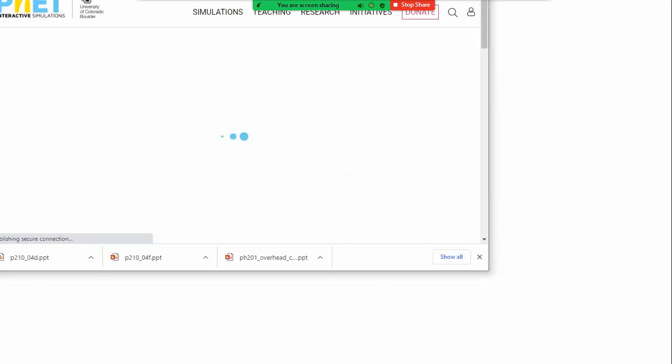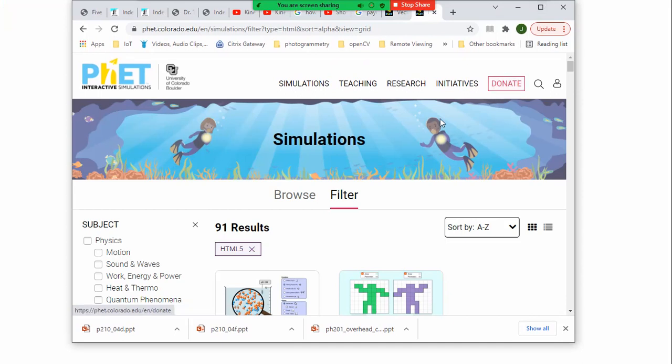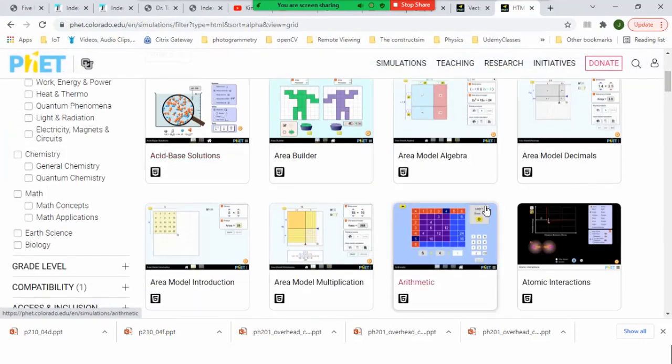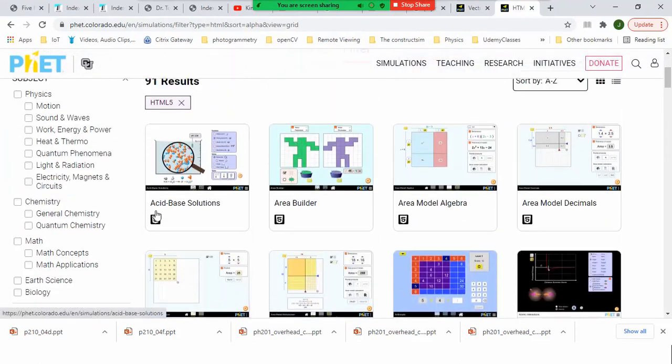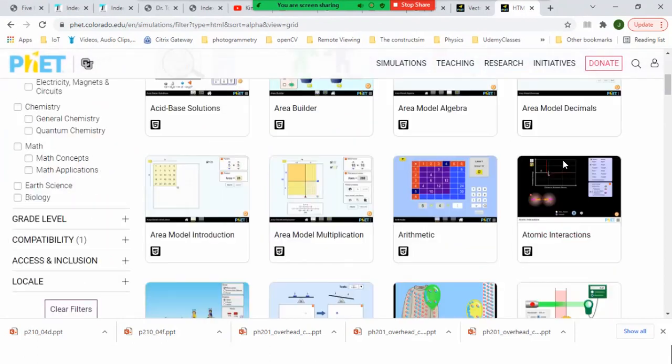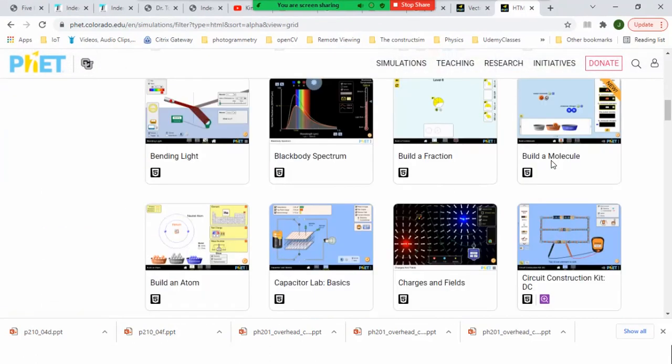Give you an overview of what this is. All right. So if you come here to PhET, it has all these simulations for all sorts of classes. And we're going to be using these pretty heavily throughout the course.